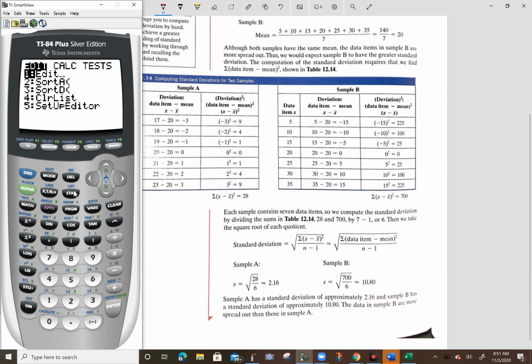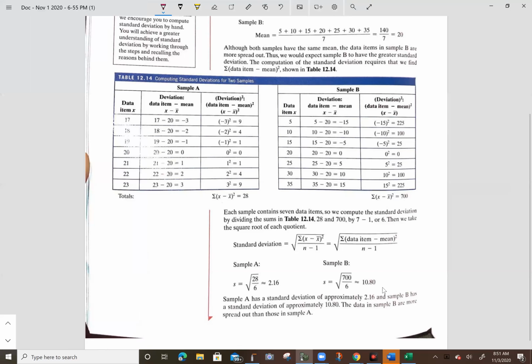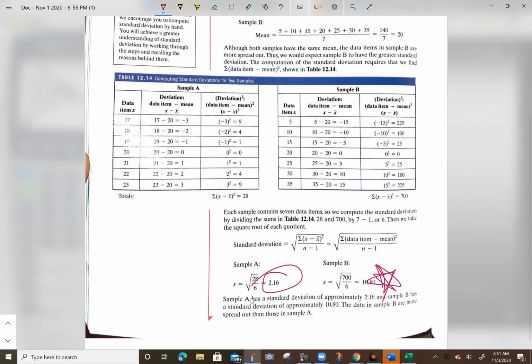Okay. Stat, calc, 1-Var Stats. Enter. And our standard deviation is approximately 10.8. And you see that right here. Okay, so you guys practice your calculator with sample A.